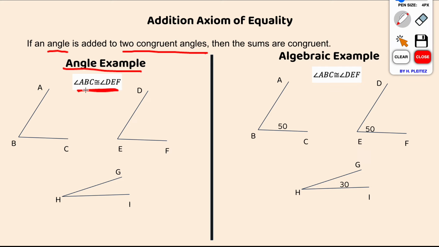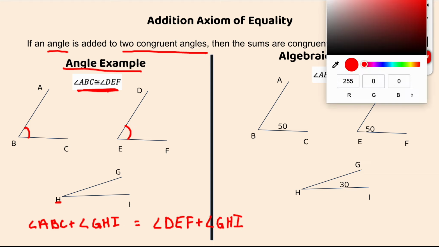In this case, we're given that angle ABC is congruent to angle DEF, so we want to label that. Basically, this is saying that if I take angle ABC and add on the value of angle GHI, which is this lonesome angle down here, that's going to be equal to taking angle DEF and adding it onto angle GHI as well.